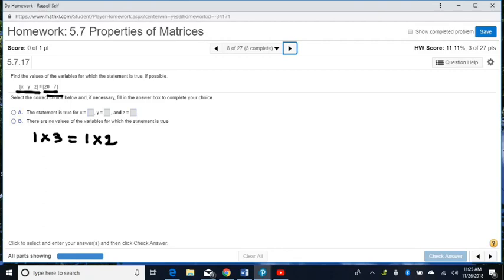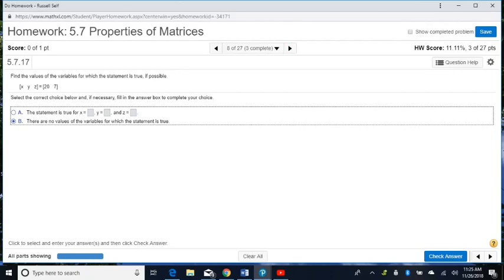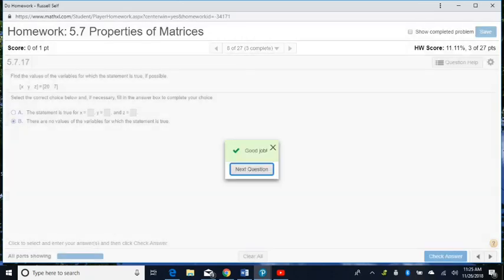And so if you think about it, is it possible that 2 different sized matrices can be equal, right? Is there an x value, a y value, and a z value given here? Absolutely not. So in this case, because these 2 things are not the same size, they can't be equal to each other. Okay?